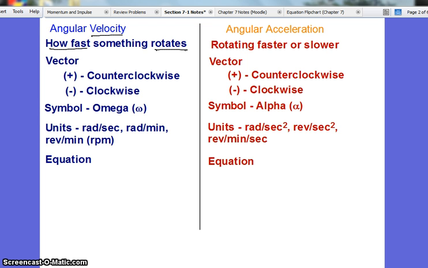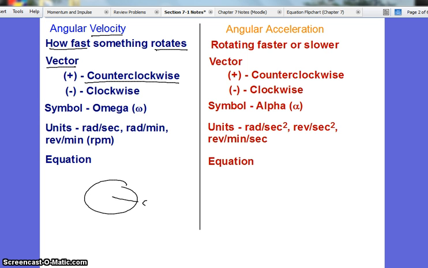All of those values were vectors in linear motion. So they're all vectors again, which means that they have a direction. Now in this case, up and to the right are not positive because we're rotating. Instead, counterclockwise is positive, according to the unit circle.